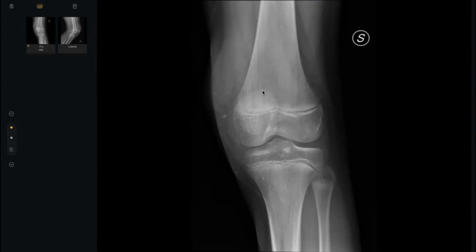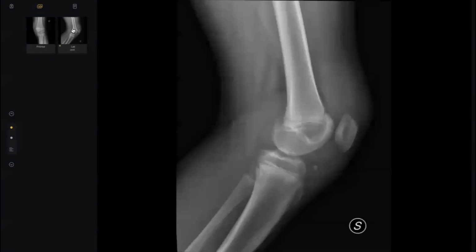The epiphyses are normal, with normal bone density. So I would like to check other orthogonal views. Okay, excellent. This is the lateral view. So there is joint effusion, seen as a soft tissue density in the suprapatellar region.